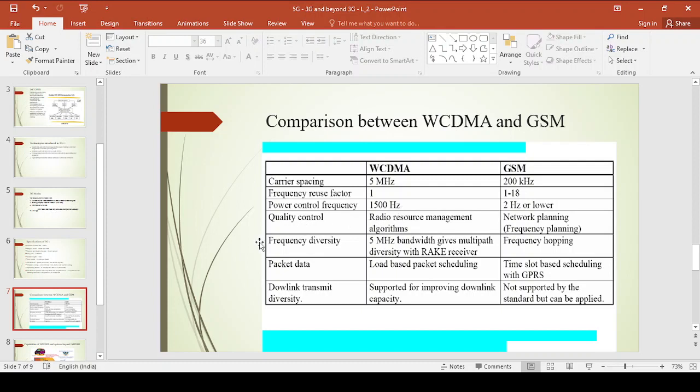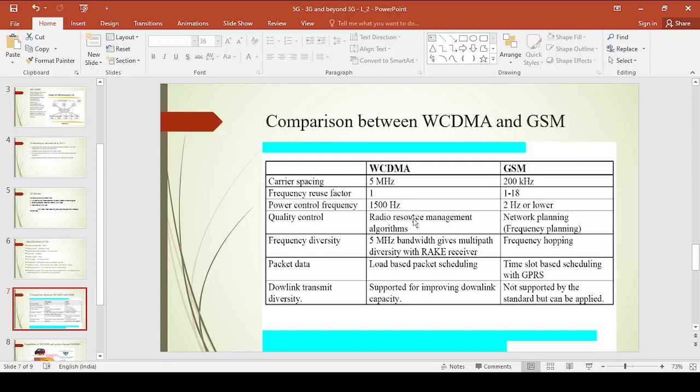Power control is a technique used to minimize the interference in a cell, right? And that technique is required at a frequency of 1500 Hz for WCDMA, and for GSM it is 2 Hz or lower. And coming to the next term, quality control.